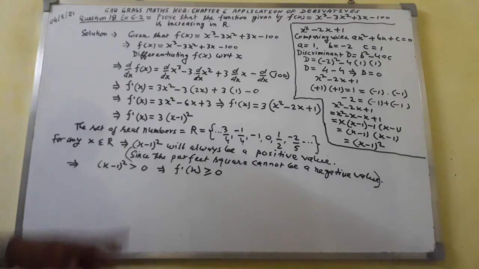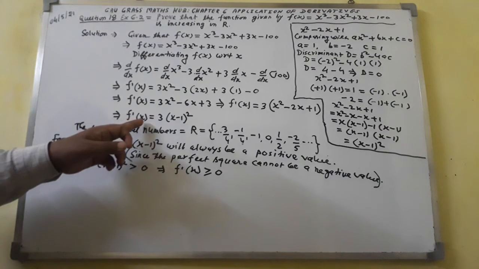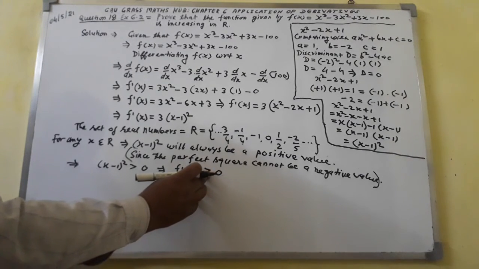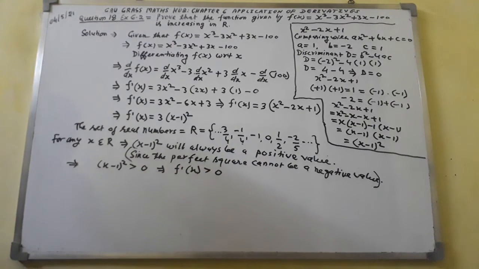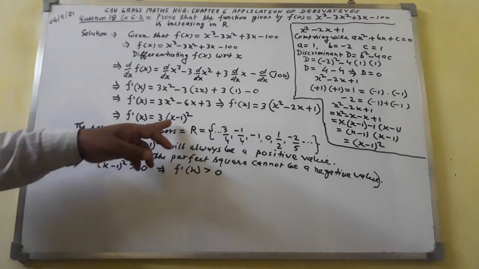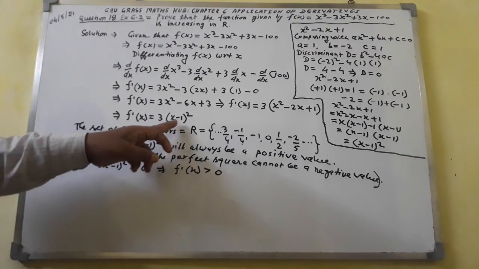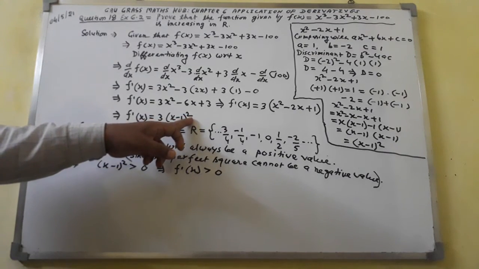In this case, f dash x will be greater than equal to 0. The f dash x will be greater than 0. f dash x will be greater than, if I put here the value of x as 1, 1 minus 1 comes out to whole square.